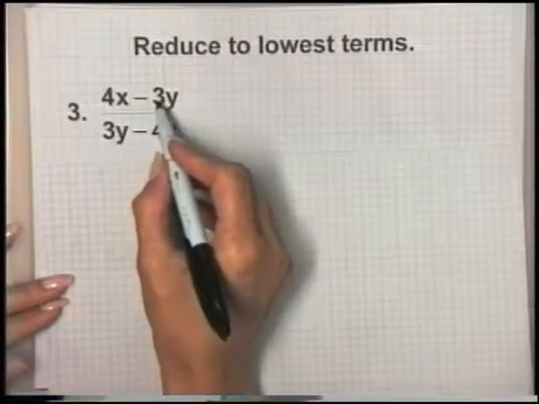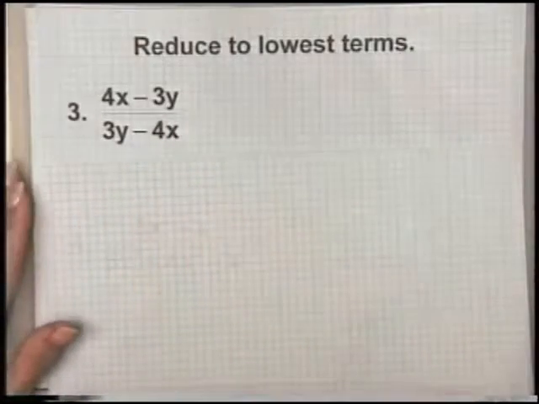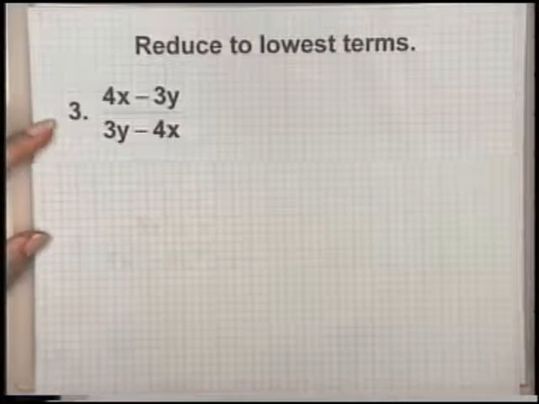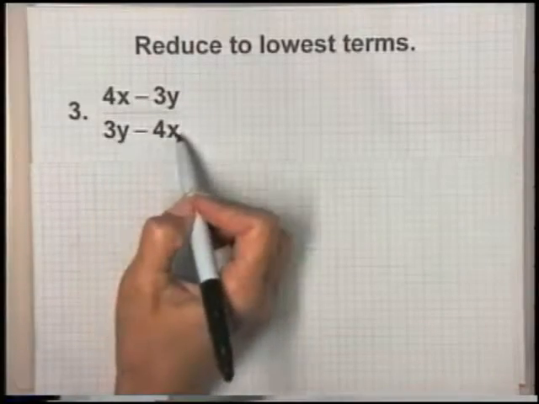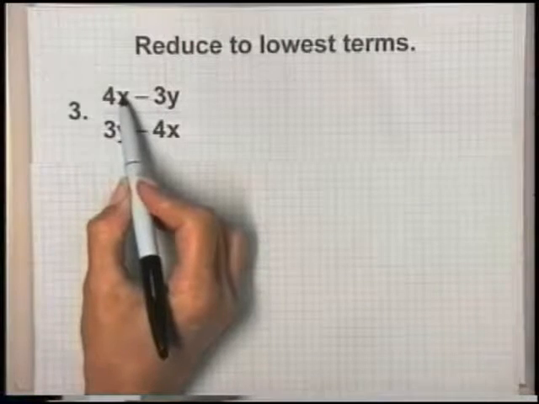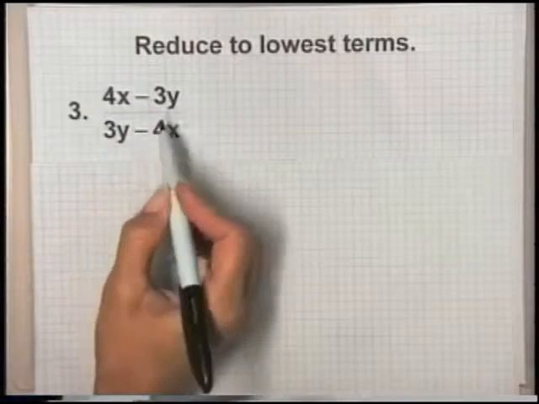We have 4x subtract 3y over 3y subtract 4x. Now, when we try to factor the numerator and denominator, they don't factor. But notice the relationship. They are opposites, aren't they? The 4x in the numerator is understood to have a positive sign in front of it.